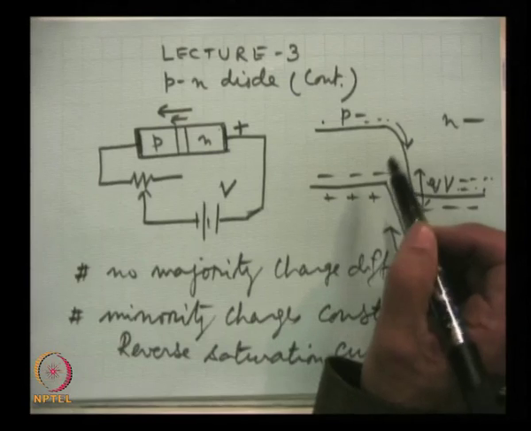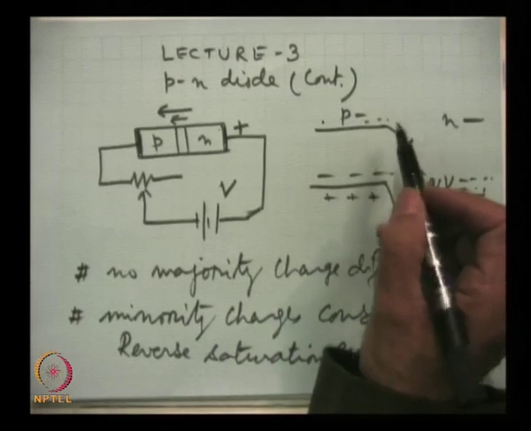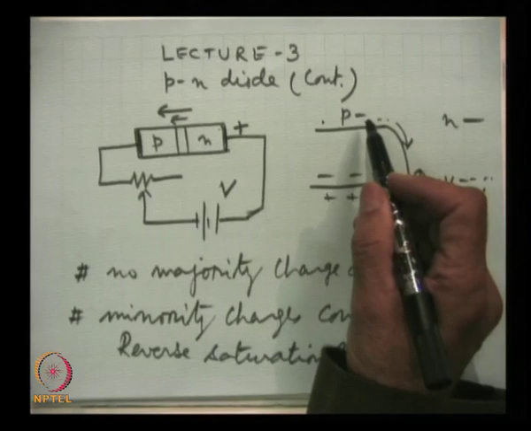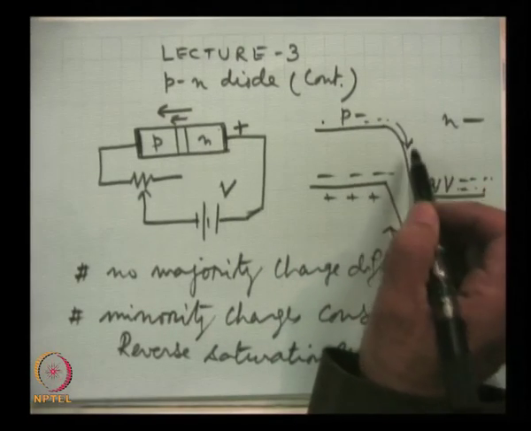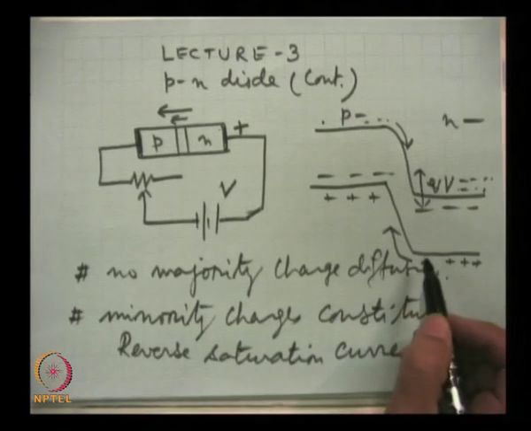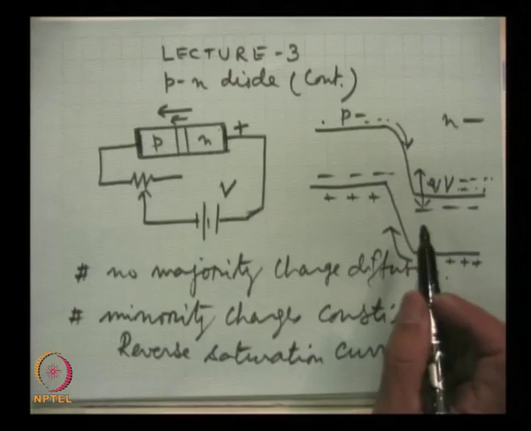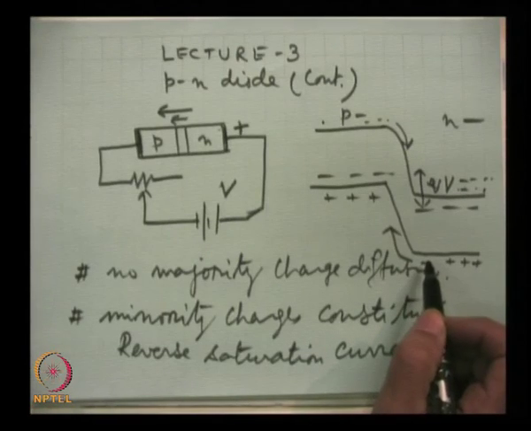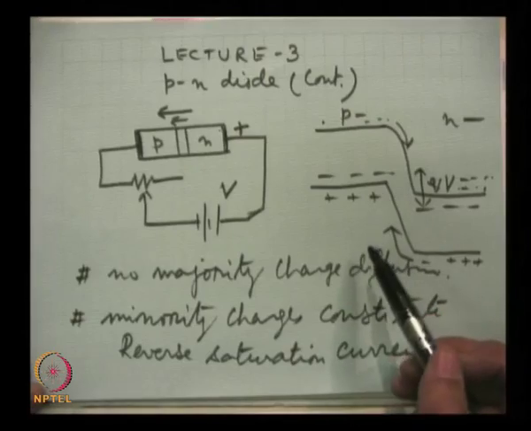But within the depletion region, the electrons in the p side very close to the junction will be able to drift. Similarly, the holes which are very close to the junction on the n side will be able to drift towards the p side.